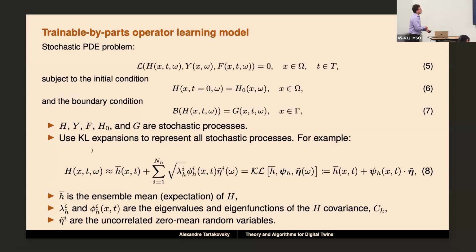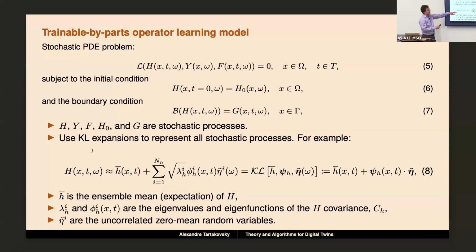Okay. So now let's talk about the construction of our operator learning model. As I mentioned before, we treat all these variables in our PDE as stochastic processes. This makes our PDE stochastic. So then we can use the Karhunen-Loève expansion to represent all these stochastic processes.